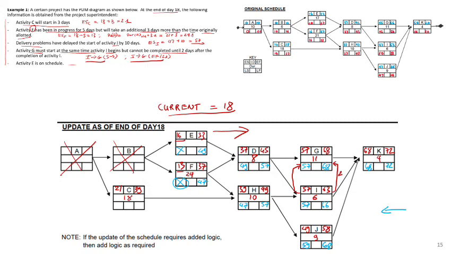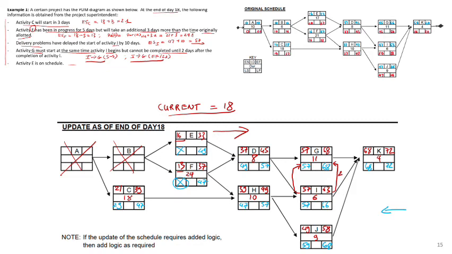All right, and the last activity C, go backward from H to C, you got 47, and then start 29. All right, so this is the whole updated schedule.